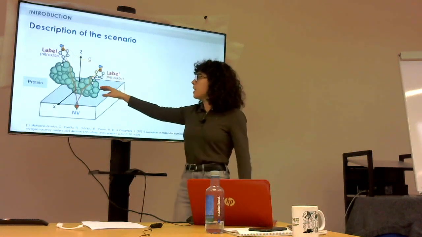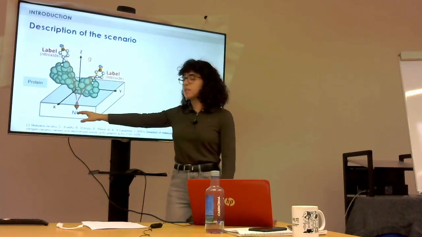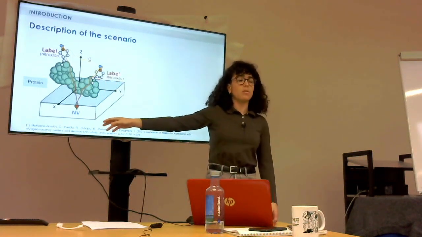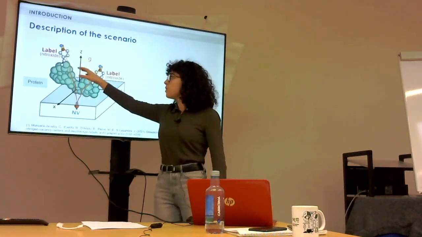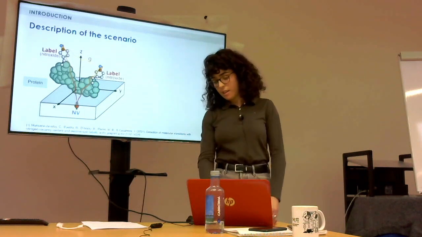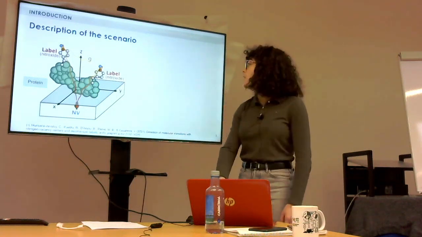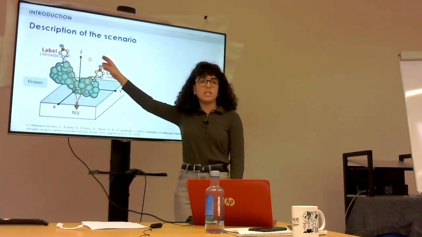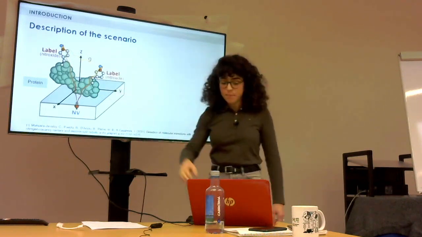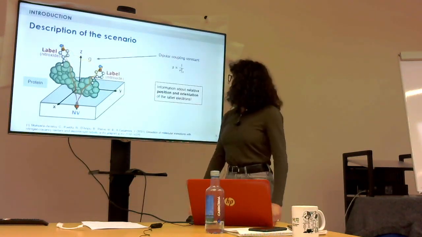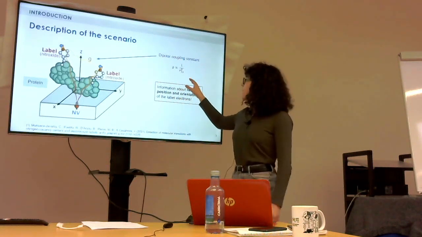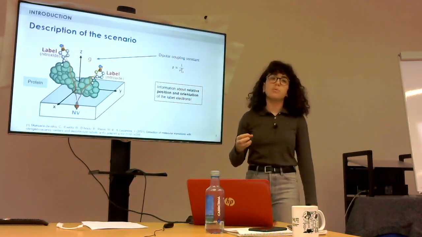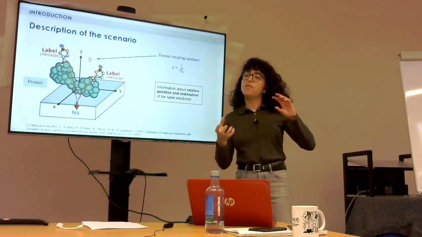These electrons interact with the NV via a dipolar interaction, and they also interact with each other with a dipolar interaction. The strength of this interaction is given by G, which is what we call the dipolar coupling constant, and this G depends on the relative position and orientation of the labels.